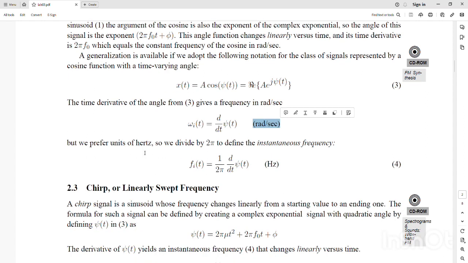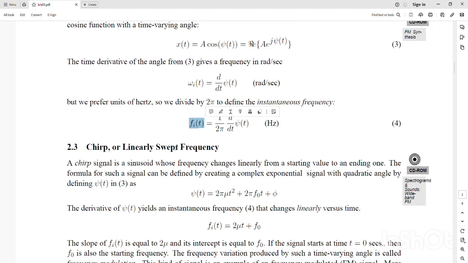But we prefer hertz, so you have to divide by 2 pi to get the frequency in hertz. I noticed that some of the students don't know the difference between omega, the angular frequency, and the frequency. So this is the angular frequency, and this one is the frequency. You have to notice that.